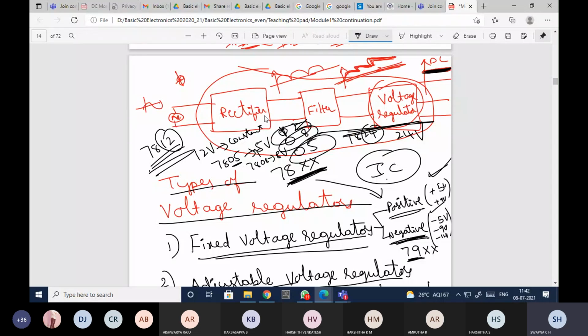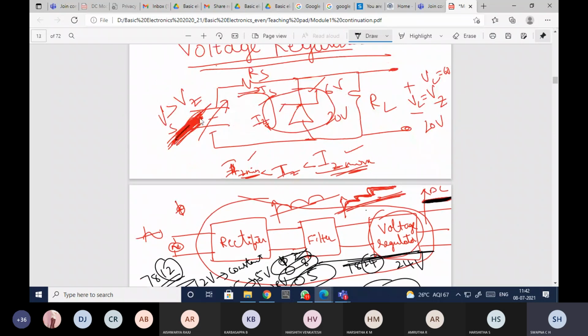How it is converting rectifier output to filter output to the voltage regulator is given, then how it is converting into DC. Okay, so here based on this Vs value, the input to this is nothing but variable voltage. So when you are providing the variable voltage, if that voltage is greater than Vz, still the output across this Zener diode will be constant.